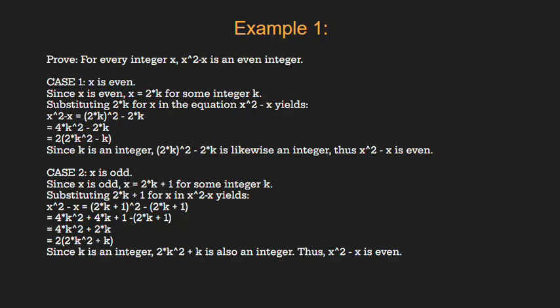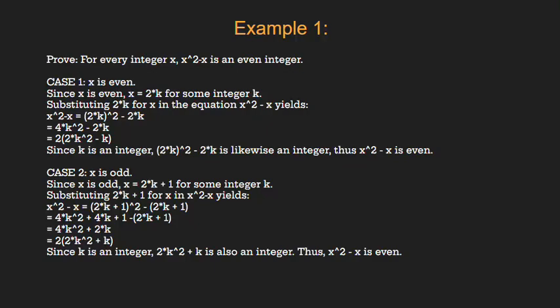Substituting 2 times k for x in the equation yields (2k) squared minus 2k, which reduces further to 4k squared minus 2k. Since k is an integer, 2k squared minus k is likewise an integer. Thus, x squared minus x is even.